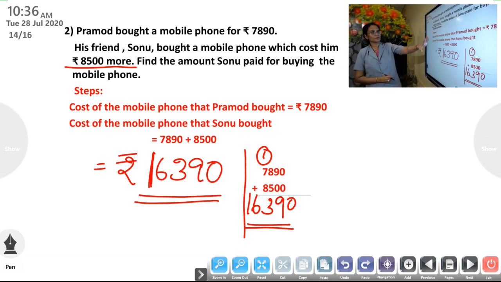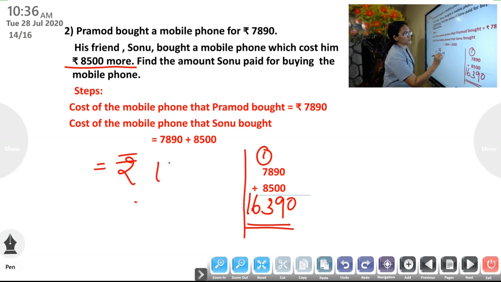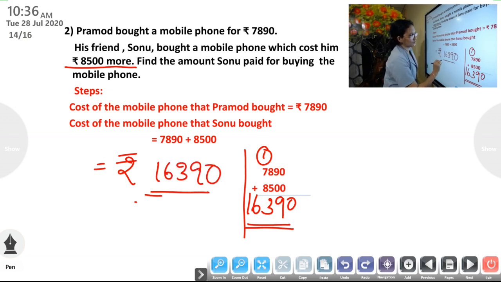Look here once again, cost of the mobile phone that Pramod bought is given. Cost of the mobile phone that Sonu bought: since it is 8,500 rupees more, add the two numbers to get the answer. So the answer is rupees 16,390. So this is addition.